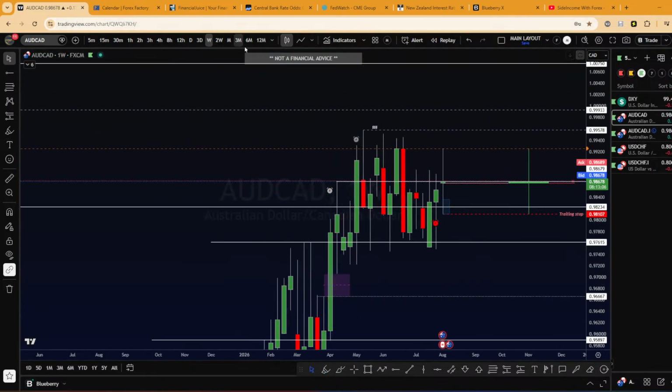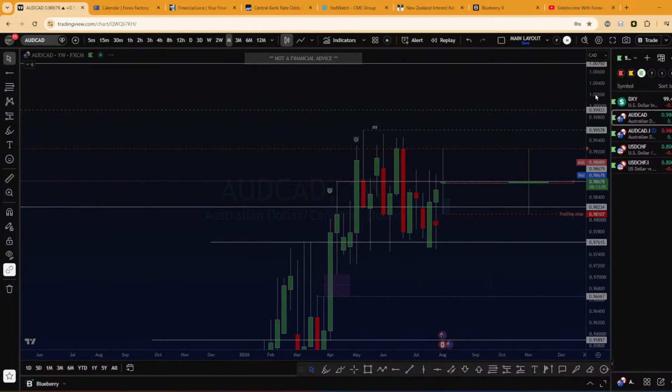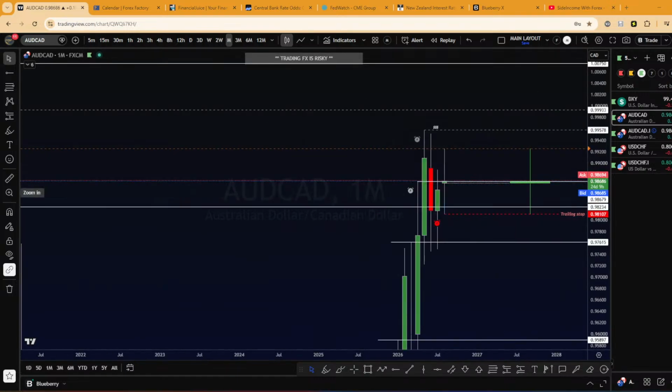So let's go up on monthly. Let me just put some trade on my platform, because I currently started a challenge. I also want to put a trade on my challenge account.